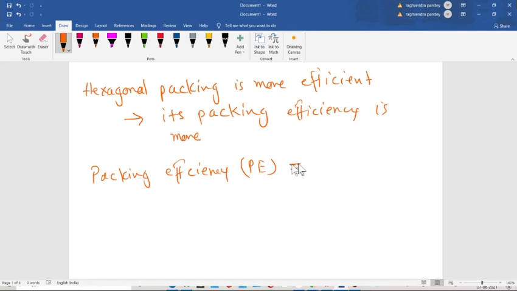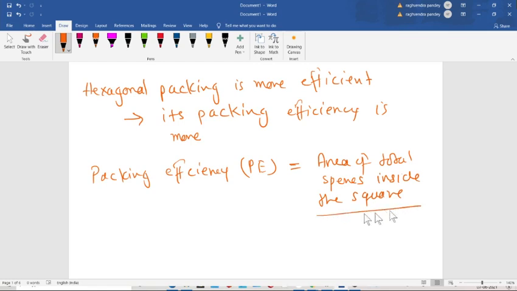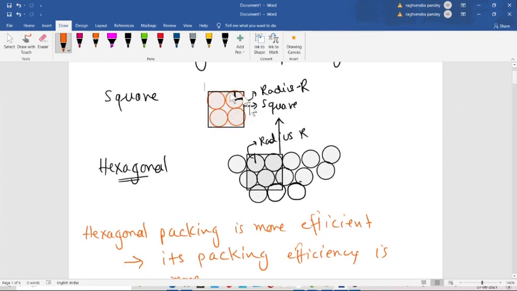It is the area of total spheres inside the square divided by the area of the square. Now here it is clearly visible that there are a lesser number of spheres.